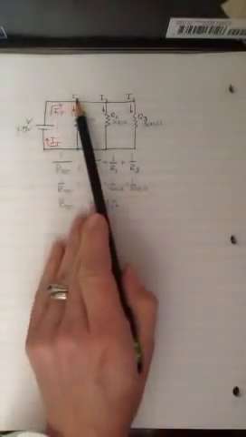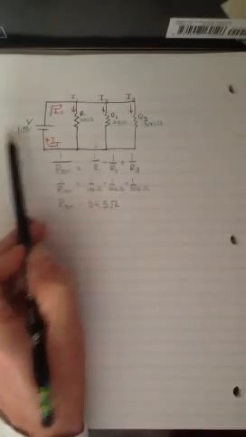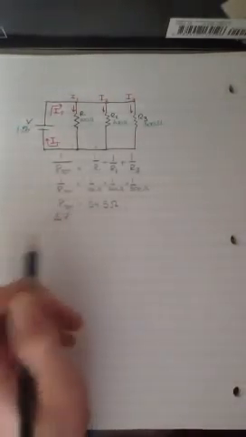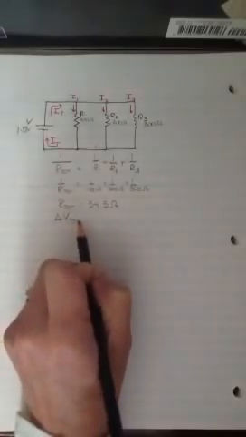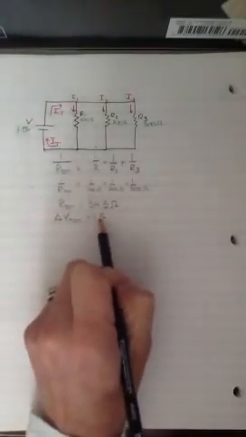Now let's discuss the voltage drop as we cross resistor 1. If you were to measure voltage here and here, you would measure 1.5 volts. The total voltage drop is 1.5 volts.